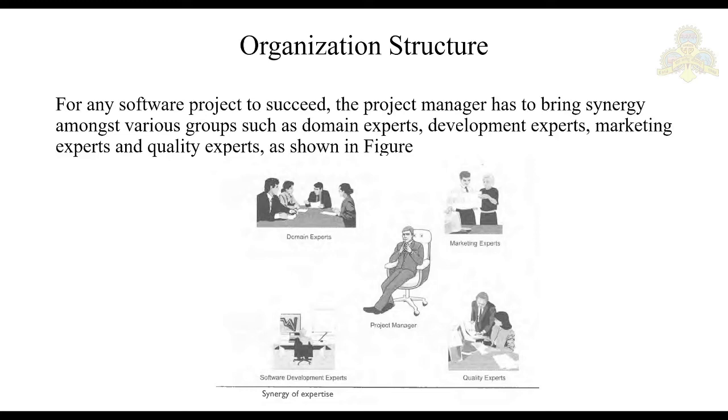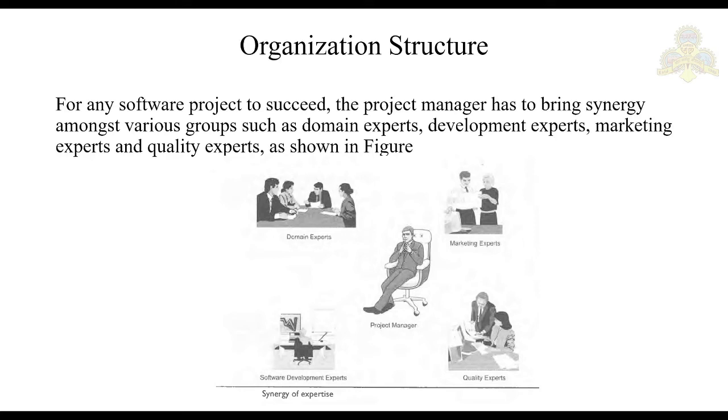Okay, so basically in a traditional organization they will follow a hierarchical structure. That means the project manager will be in charge of the project, and in turn will control the development and testing teams. This hierarchical structure is not well suited for an organization in which the focus is on quality.